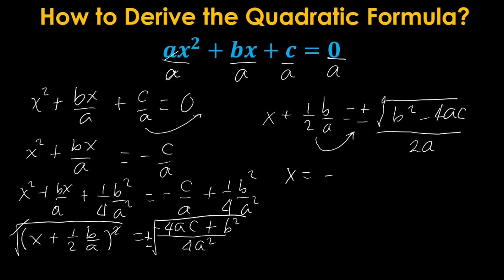We then have negative b over 2a plus or minus, let's copy it.